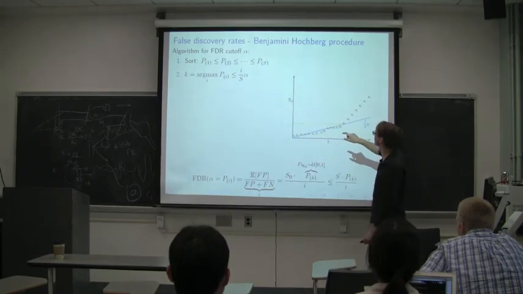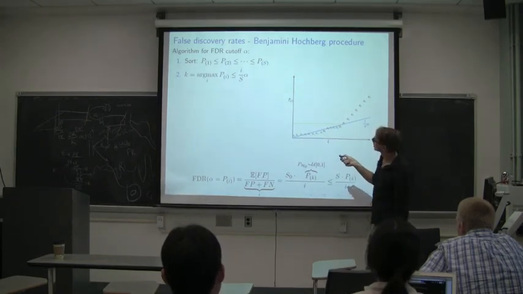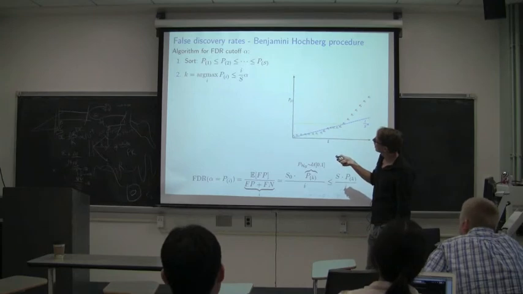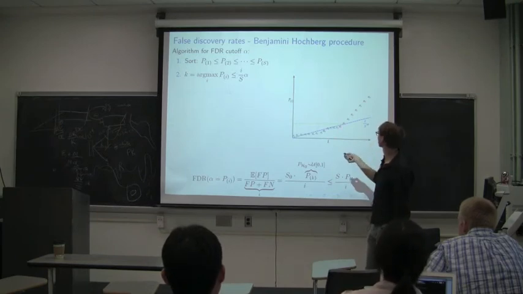It's the largest index such that the sorted p-value at that index is under that straight line.